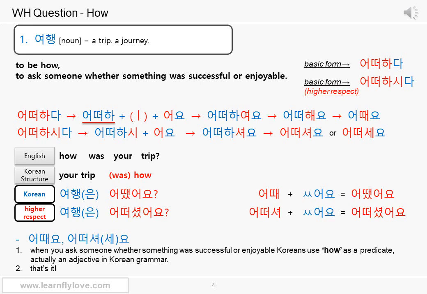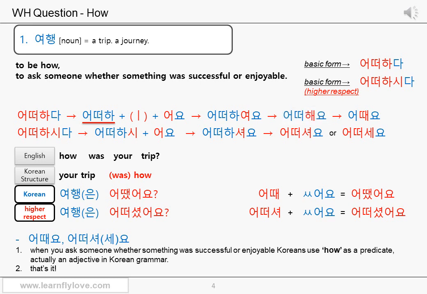The same thing applies here. So 어떠하다 is actually 어떠하 plus 이 vowel plus 어요. So it becomes 어떠하여요. And again, it becomes the shorter form 어떠해요.